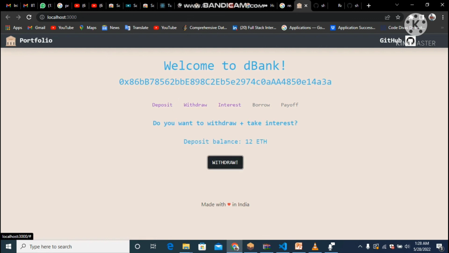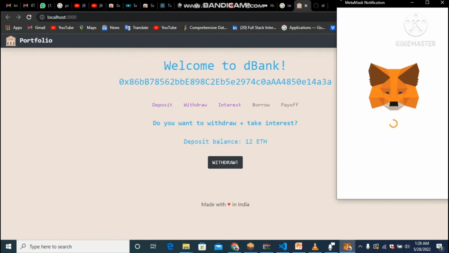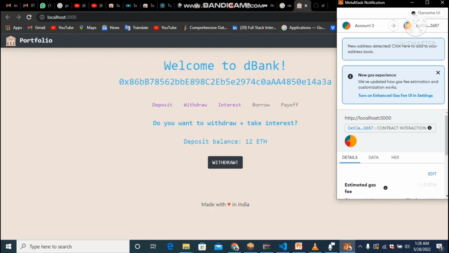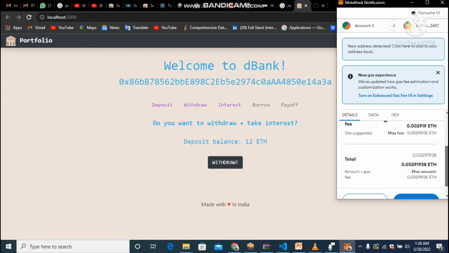When I press withdraw, I'll again get a MetaMask notification asking if I want to do the transaction, and now this transaction is going from our bank address to the customer's account address.